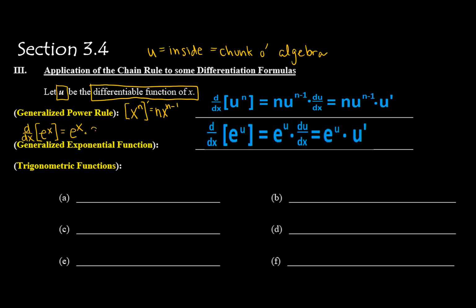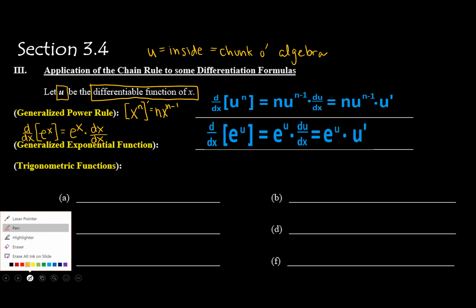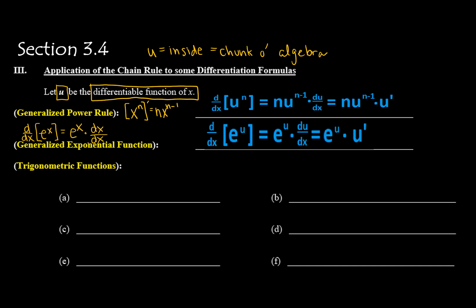But what we weren't telling you is that it was actually e to the x times the derivative of x with respect to x. The reason why we weren't telling you that is because this is equal to 1. The derivative of plain Jane x is 1. So that's why you always just got e to the x.